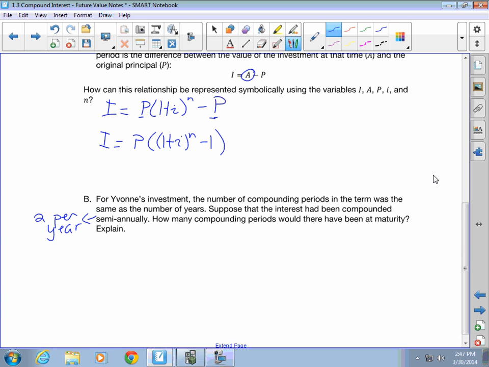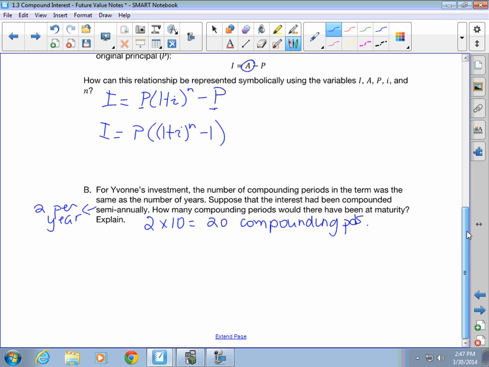If it's 2 per year, then for 10 years that would be 20 compounding periods.